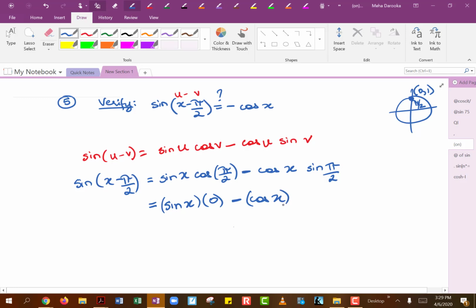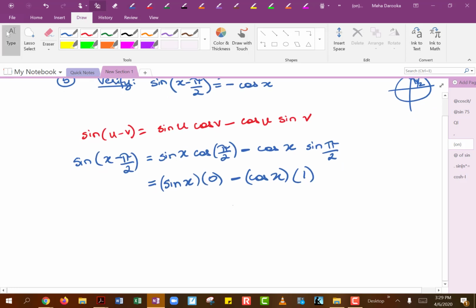Cosine of x will stay as it is, and then sine of pi halves will of course become 1.